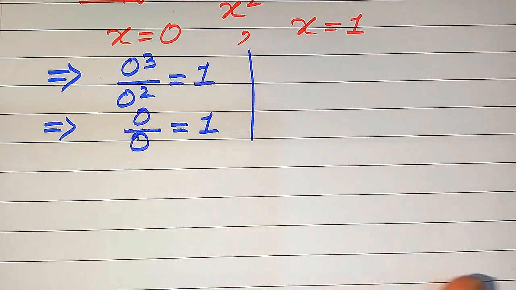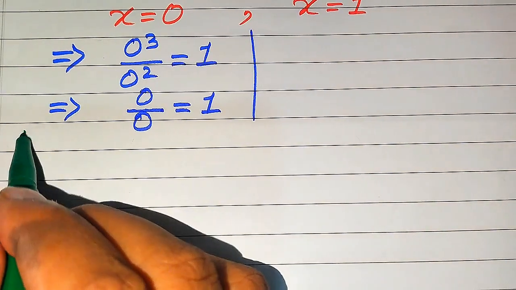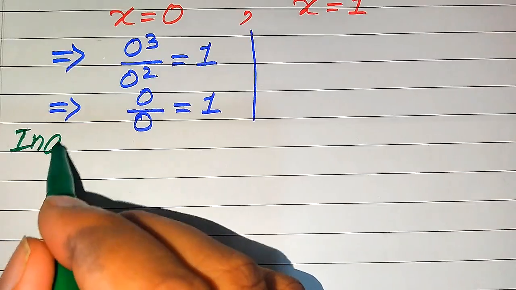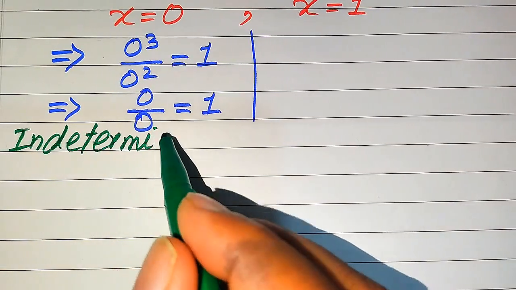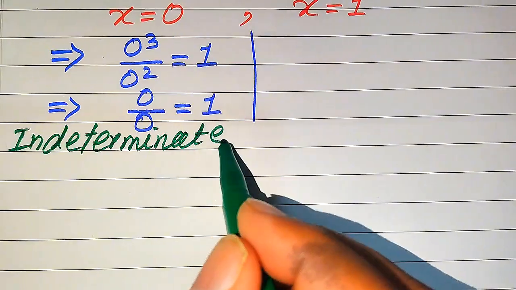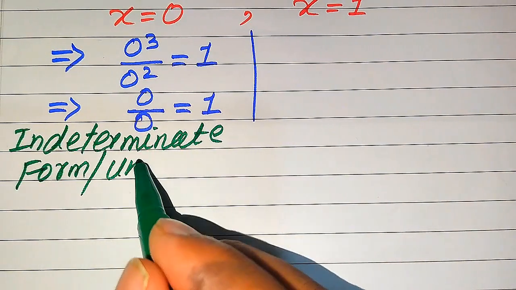So here we know that this 0 by 0 form is usually called the indeterminate form. Okay, so if this is the indeterminate form, in other words we say that it is undefined.